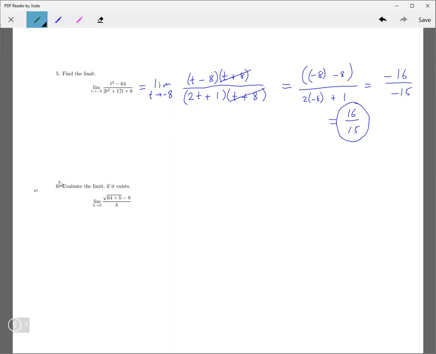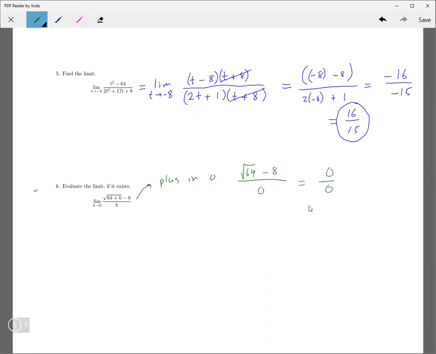Number 6, evaluate this limit if it exists. Let me just show you what will happen. If you plug in 0, you're going to get the square root of 64 minus 8 over 0.